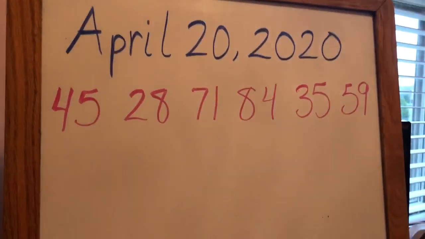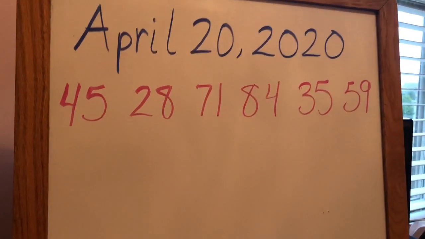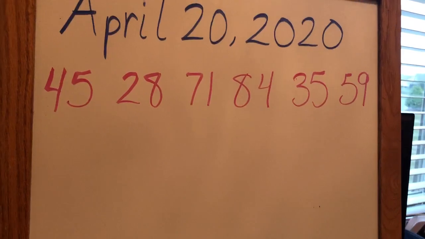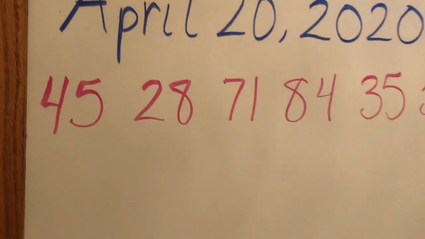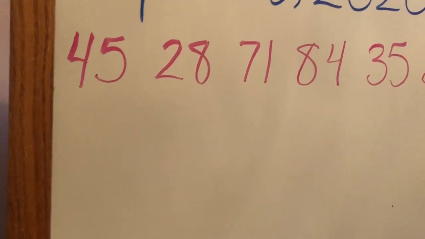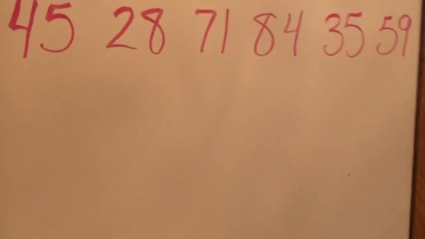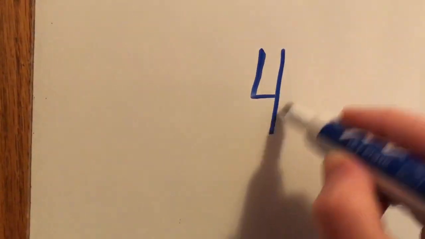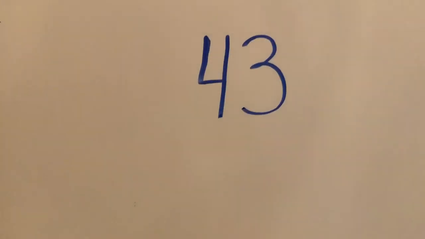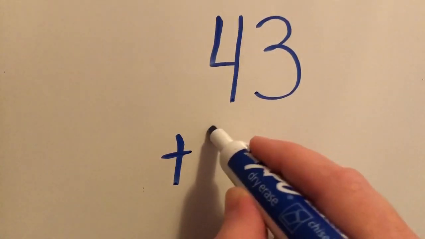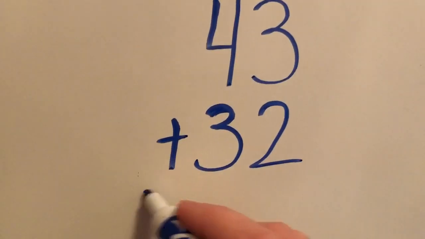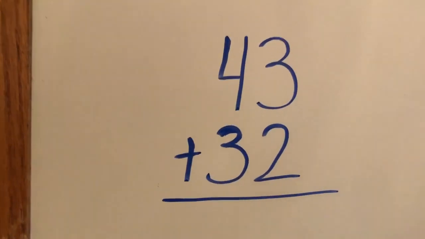So we're going to talk about adding two-digit numbers that have a sum greater than 100. When we add two-digit numbers, we usually add numbers that are less than 100, okay? We usually add numbers like 43 plus 32.